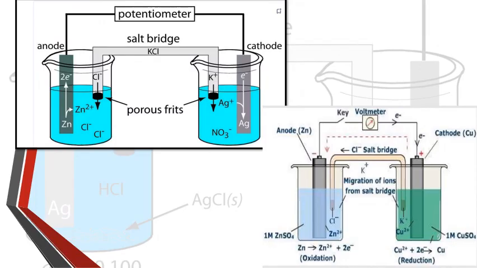Looking at this diagram, as you can see, this is the solution. From the lectures, you can easily detect the salt bridge, the electrode, the reference electrode, and the indicator electrode from this.